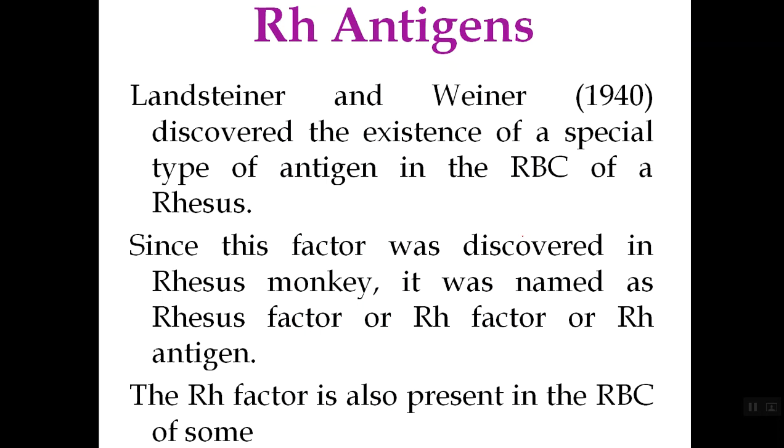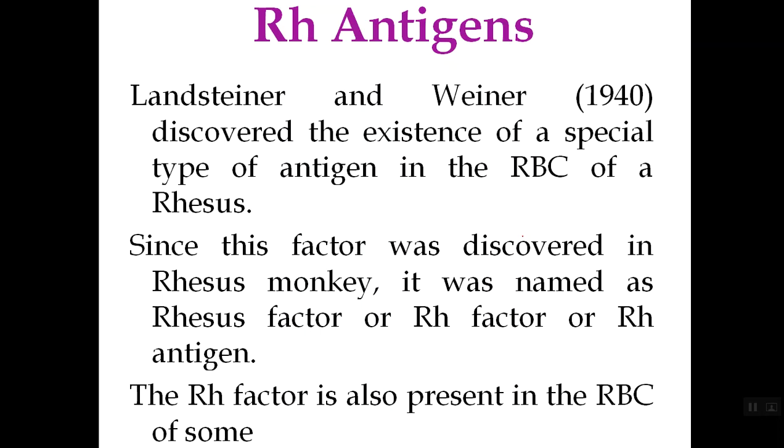Even a very small amount of Rh positive blood can evoke the production of Rh antibody in the human being. When only a few erythrocytes are exchanged between the Rh positive fetus and the Rh negative mother, there will be production of a lot of antibodies against the Rh antigen. So this is called erythroblastosis fetalis, where the mother's immune system will kill the fetus in the womb itself.